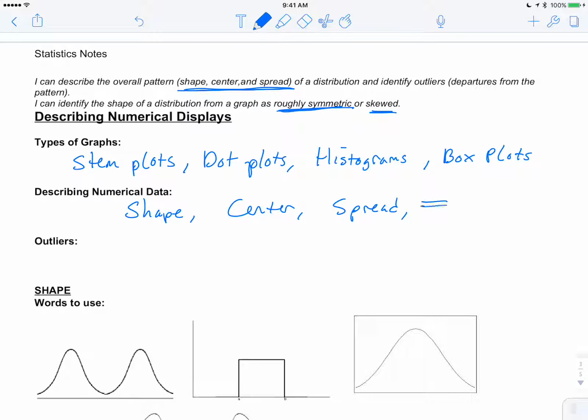And like I said, always think of these three things when looking at a graph.